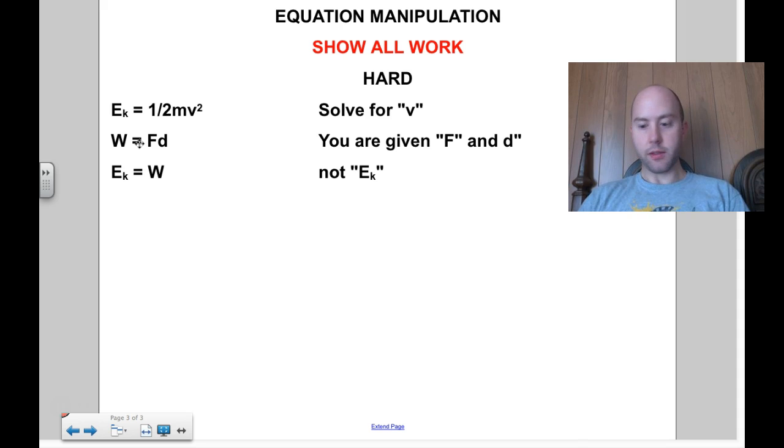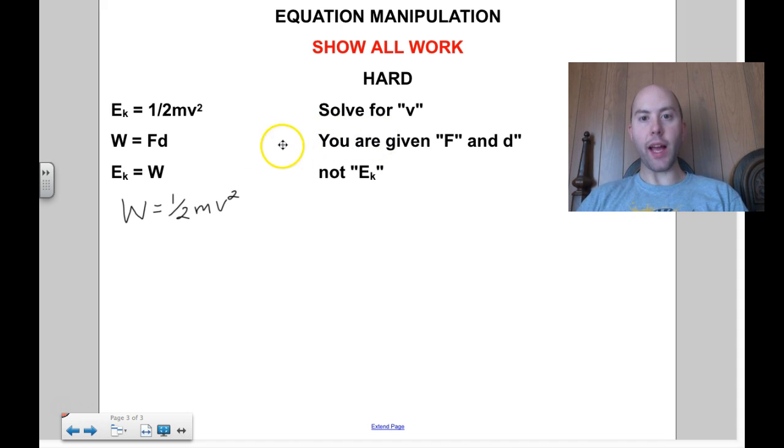Let me get my mouse to work. There we go. I can actually write it like this. Instead of saying kinetic energy equals 1/2 mv squared, I could say work equals 1/2 mv squared. But again, I'm still left with the problem that I don't have work. I don't have that equation.